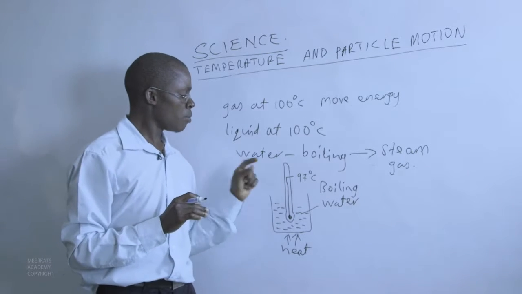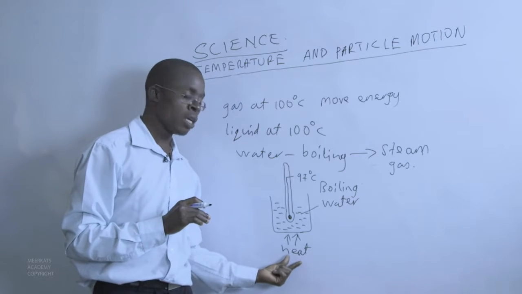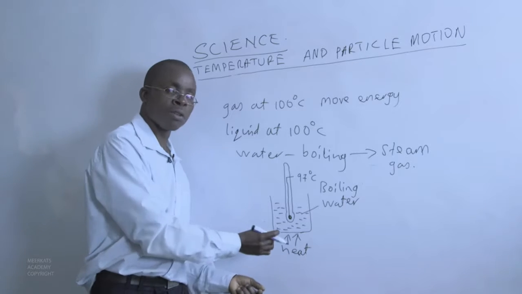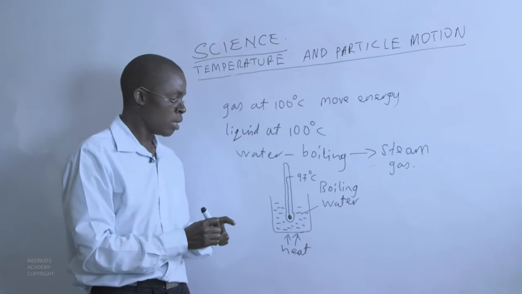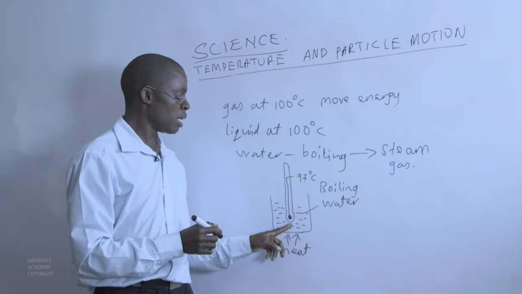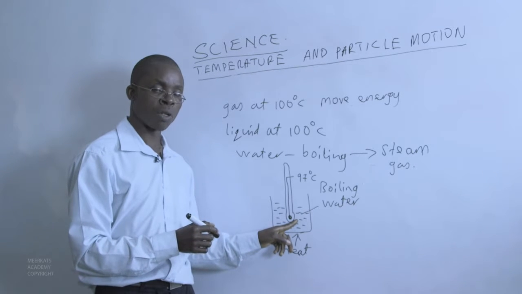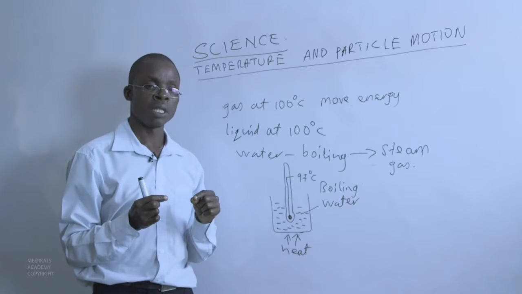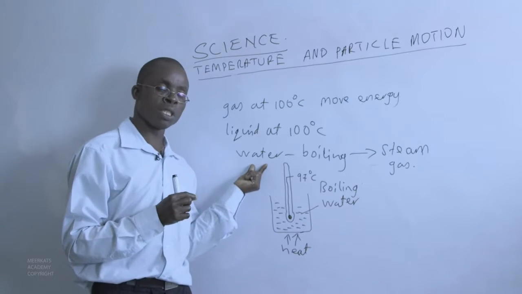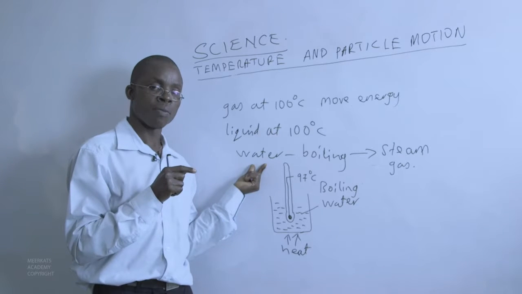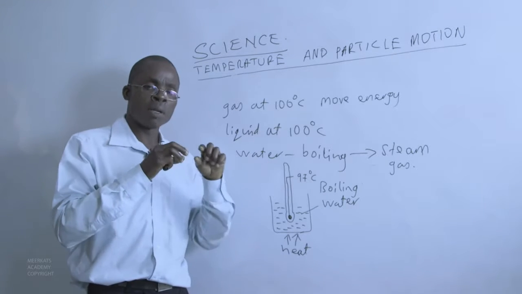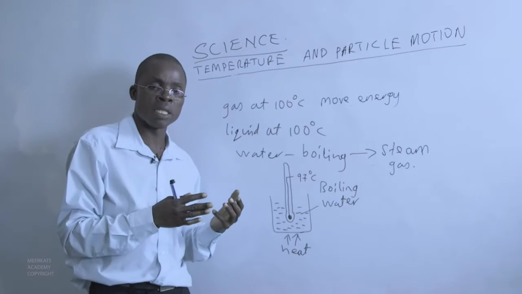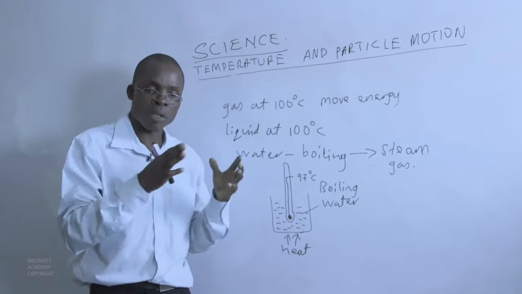So the mercury will remain at 97, though you are still continuing with your heating. The energy you are introducing into the water through the heating will not be used in raising the temperature of the water, but it will be used to break the forces that hold molecules in water's liquid state, make the particles move far away from each other now that they have more kinetic energy and they are moving much faster.